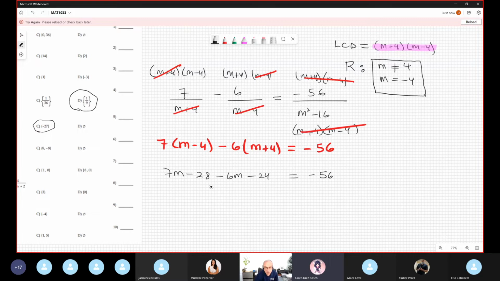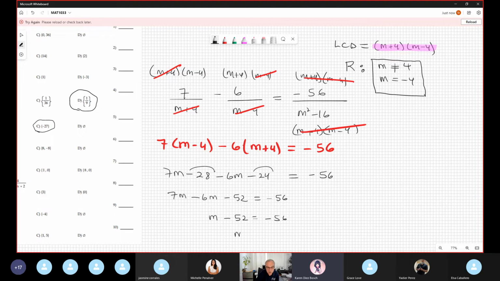Wow, no, 52, not 56. 7m, we combine, minus 28 and minus 24. So I bring down 7, I bring down 6m, and it's 52 equal minus 56. Why not? Combine later. 7 positive minus 6 is 1m. Minus 52 equal minus 56.